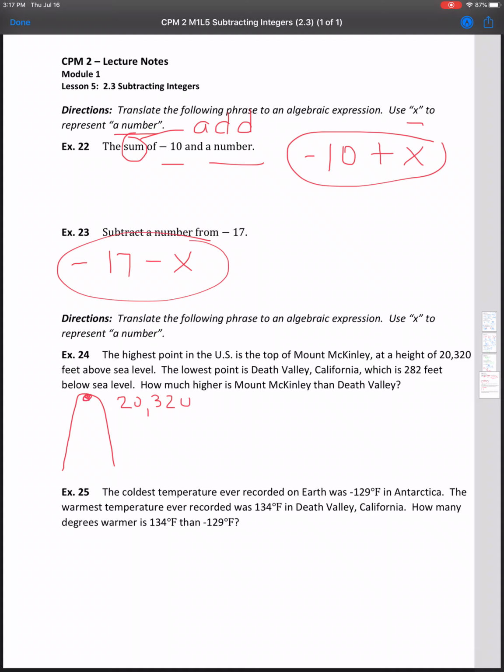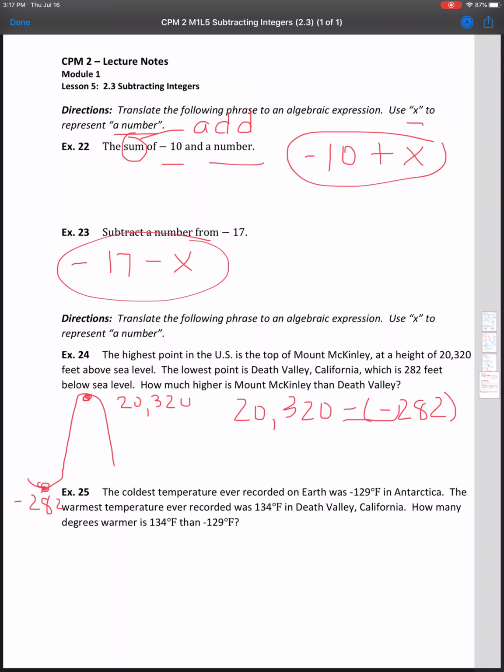Whereas the lowest point is down here in this valley, right? At 282 feet below sea level, which is negative 282, right? So they want to know how much higher is Mount McKinley. So really what we're doing is subtracting the two, 20,320 subtract a negative 282, because remember this is below sea level.